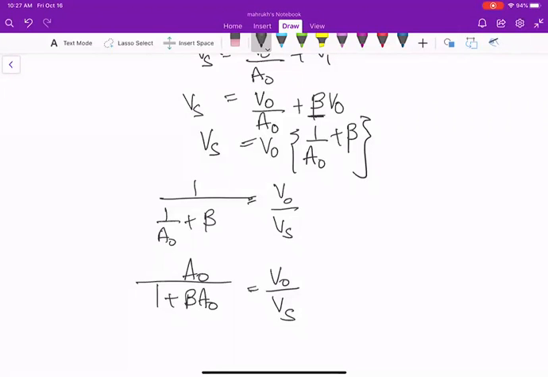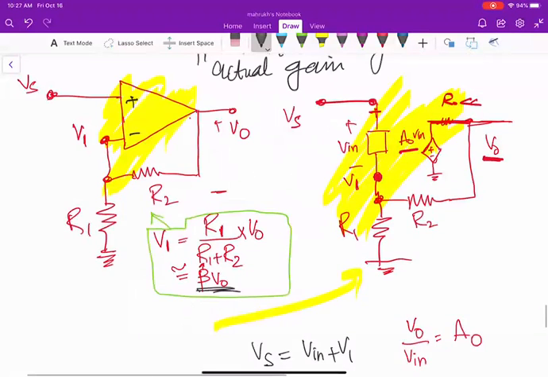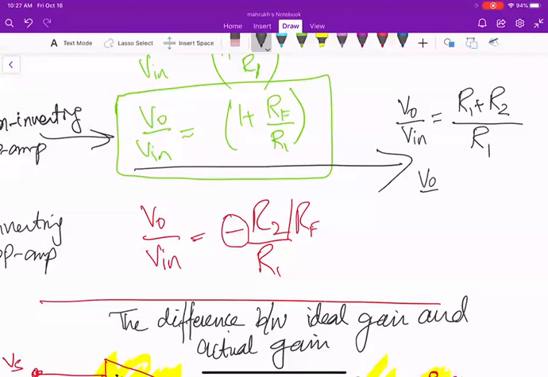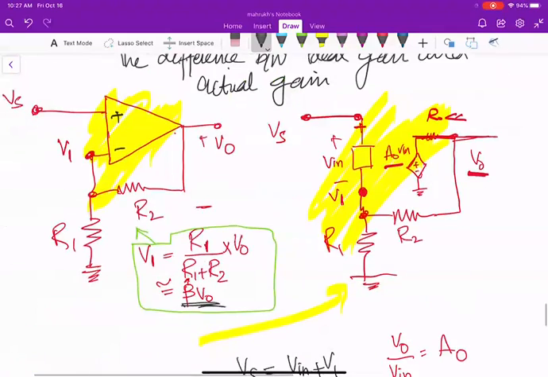Now our ideal gain was, when we have collected gain here, 1 over beta, because if you see this here, this was beta, that's what we have said, R1 by R1 plus R2.